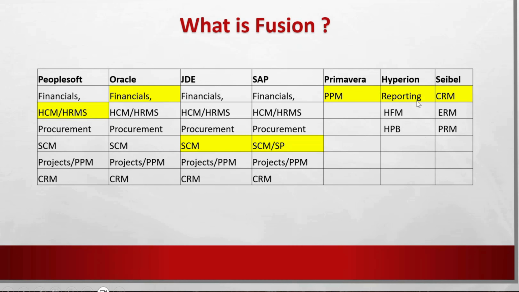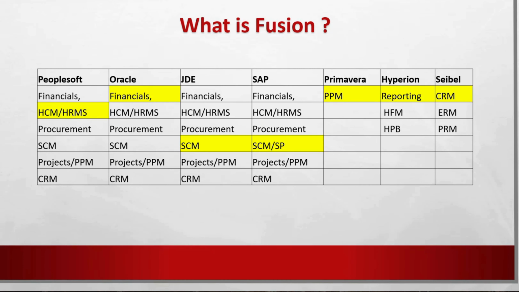So their core was reporting. Coming to Siebel, CRM was their core application, that is customer relationship management. They also dealt with ERM and PRM. ERM is enterprise resource management, and PRM is partner relationship management.